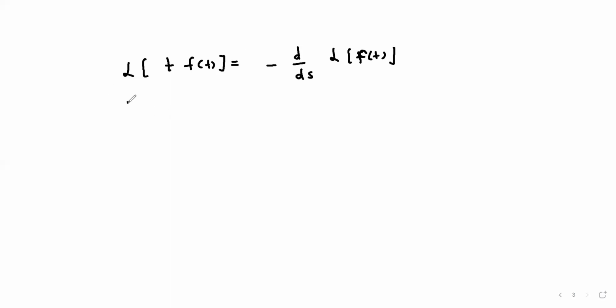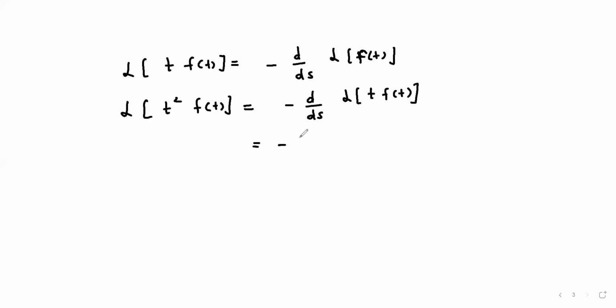If I have here t squared f of t, it means that this is equal to minus d by ds of the Laplace of t f of t, which is minus d by ds of minus d by ds of the Laplace of f of t.